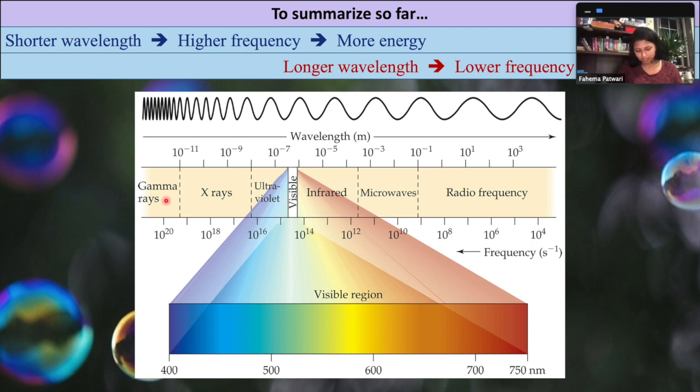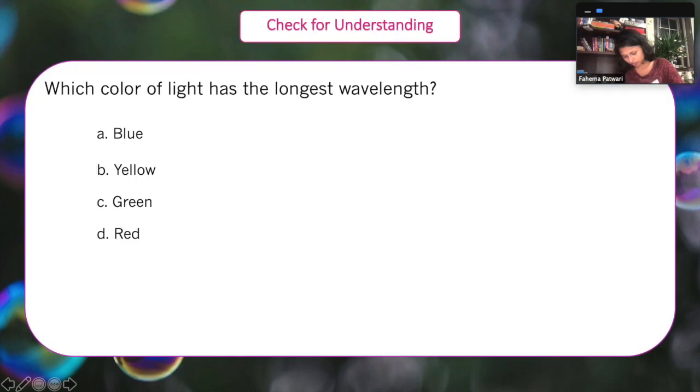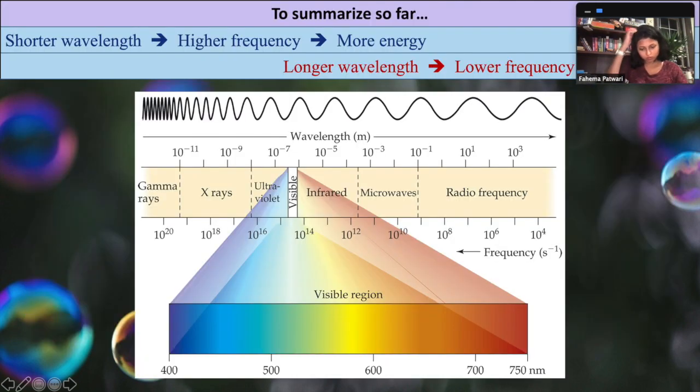So as you can see, as we head in this direction, is this working? Oh. As we go in this direction, the electromagnetic radiation gets more dangerous, or you could also say more energetic, higher in energy.